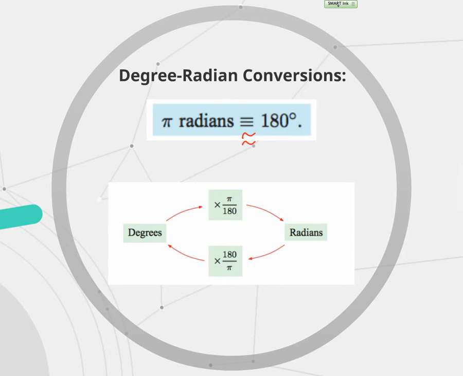You might want a calculator going forward here as we start working on some conversions. We're going to start with converting degrees to radians, and we will have some where we convert radians to degrees as well.